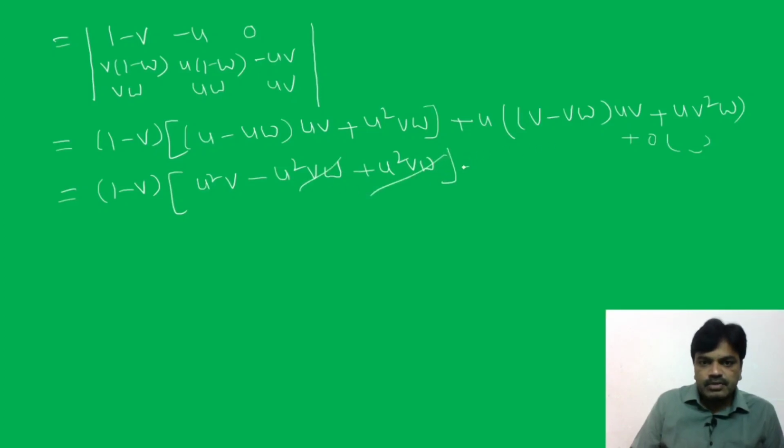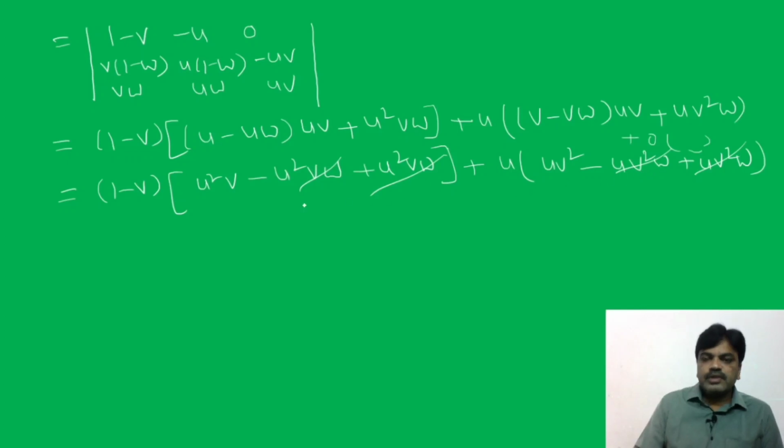So bracket close, plus u into the bracket, where we get uv square minus uv square w plus uv square w, bracket close, and minus uv square w plus uv square w cancel.